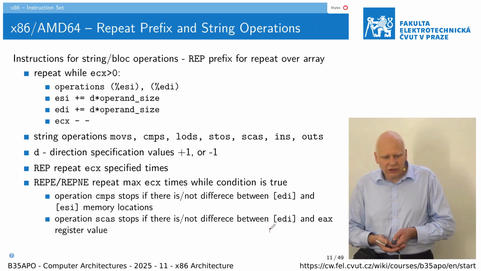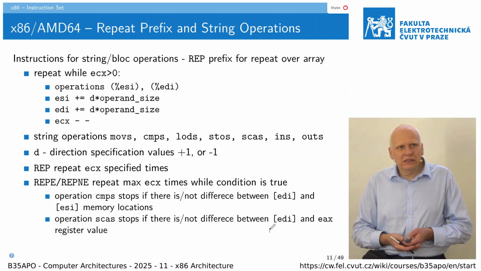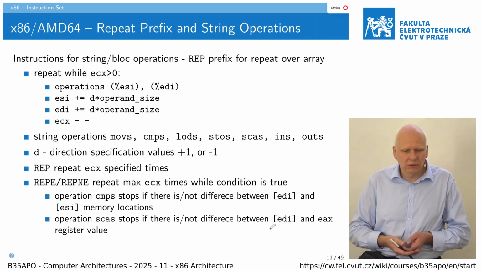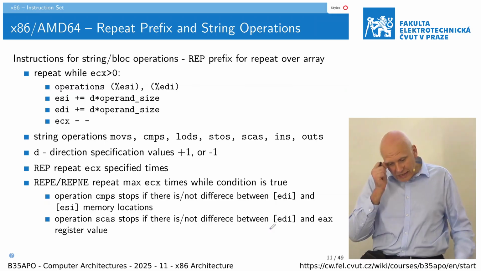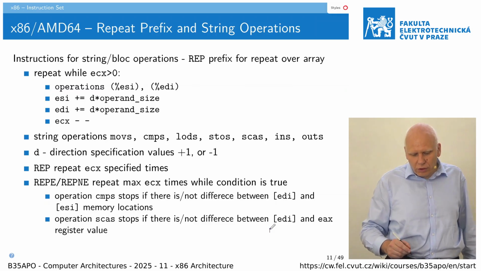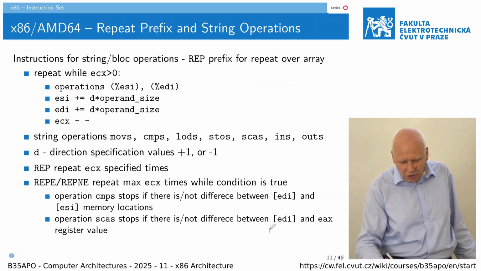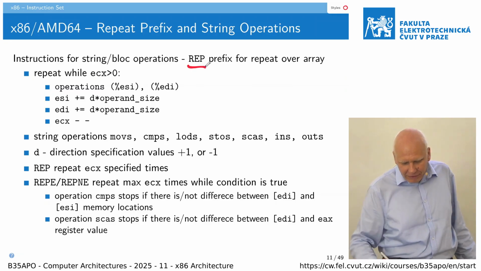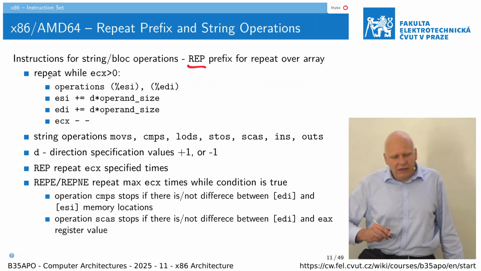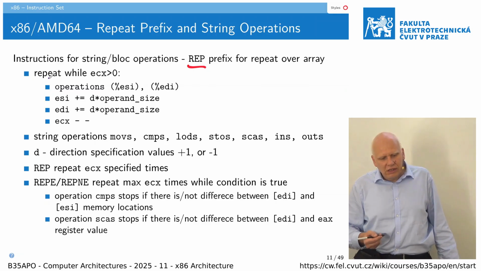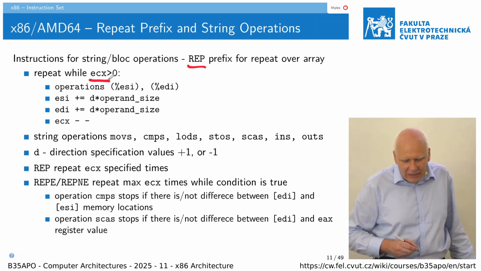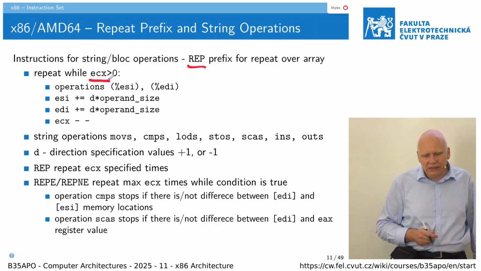So an instruction is encoded by a sequence of 1 to 15 bytes, which is quite complex. There are even very complex instructions that allow whole block operations. There is a repeat prefix, for example, which allows you to repeat the operation as many times as is specified in the ECX register.